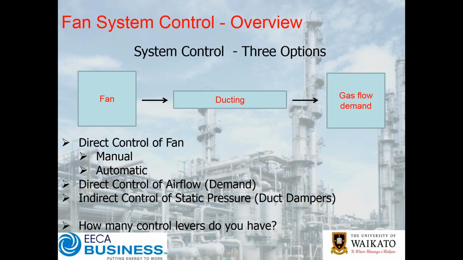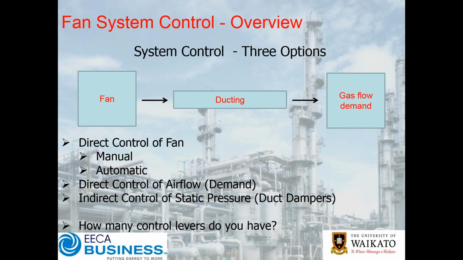Alternatively, we might more directly control the airflow itself and then just expect the fan to respond. Or indirect control is where we use static pressure, so we might have a number of dampers in the system, and that's where we're controlling the demand by virtue of controlling the pressure.